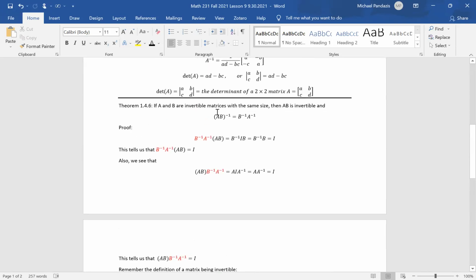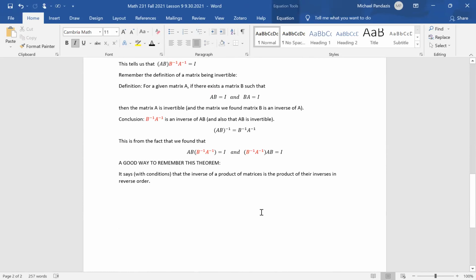Okay, and so AB inverse is B inverse times A inverse. Reverse order because instead of AB, it's B inverse A inverse.